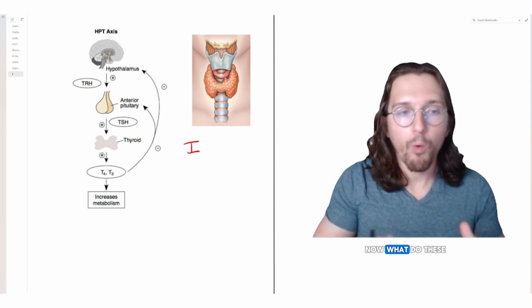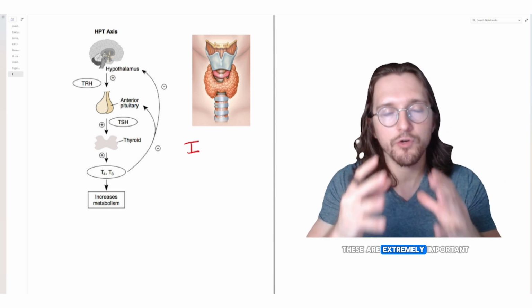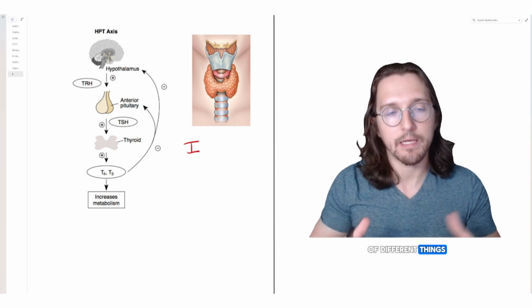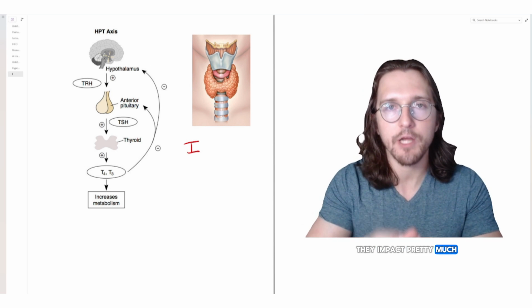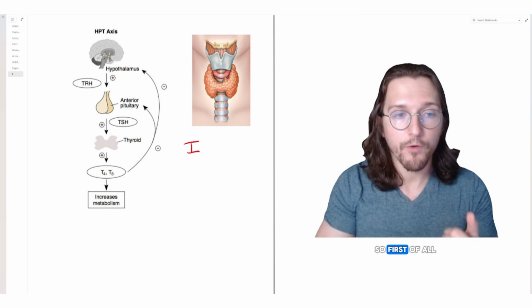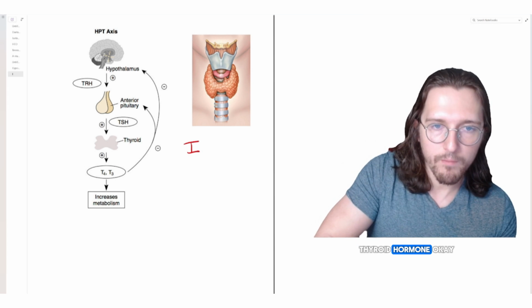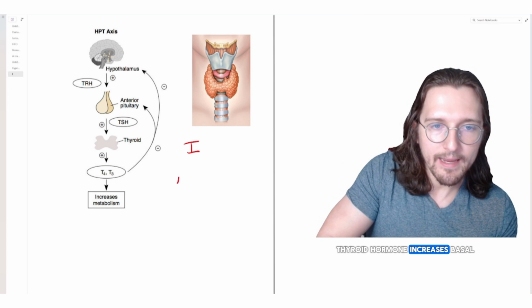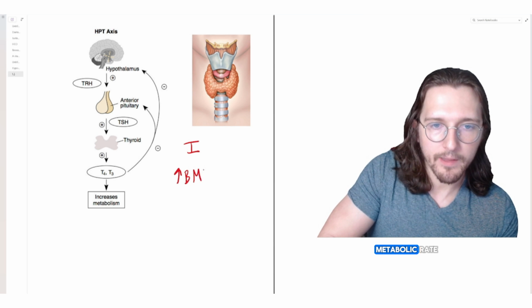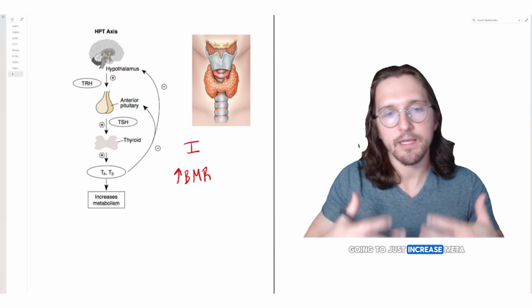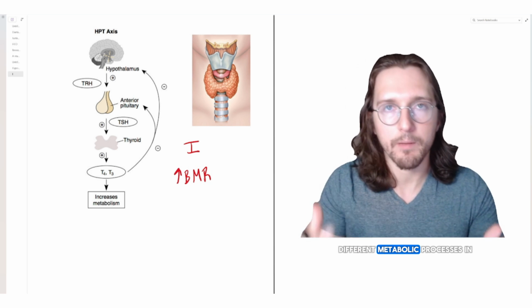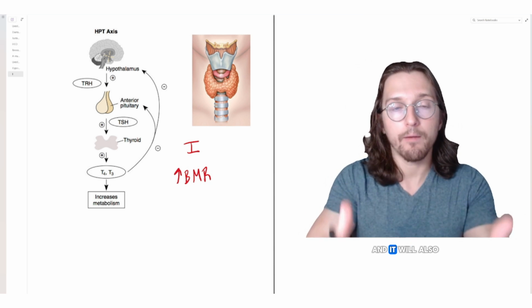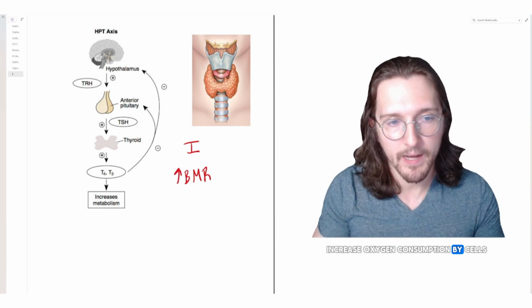Now, what do these hormones do? Well, these are extremely important hormones for a lot of different things. In fact, you could say that they impact pretty much every system in the body. So first of all, thyroid hormone increases basal metabolic rate. So really, this is going to just increase different metabolic processes in cells, and it will also increase oxygen consumption by cells.